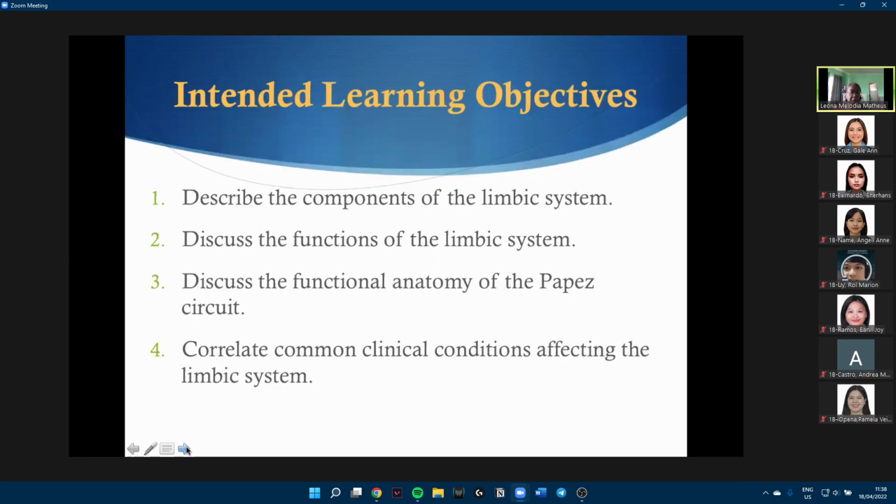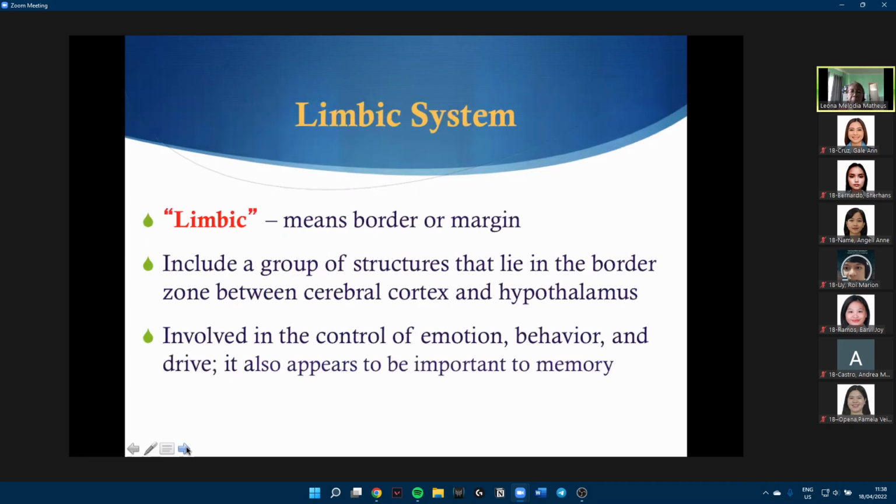So for the limbic, again, we're going to look at its components, the functions. We're going to briefly point out the PAPE circuit, and at the last part again, some common clinical conditions related to your limbic system.